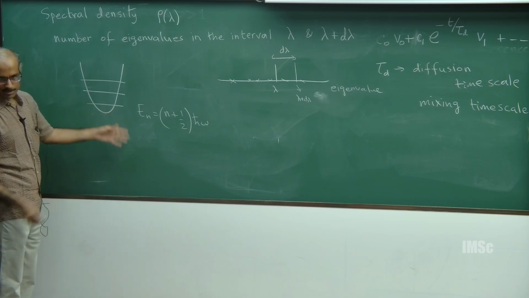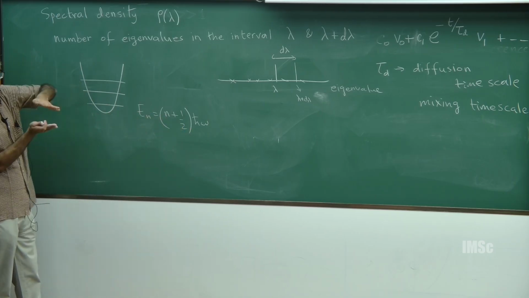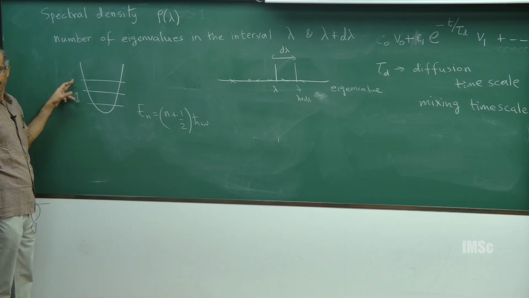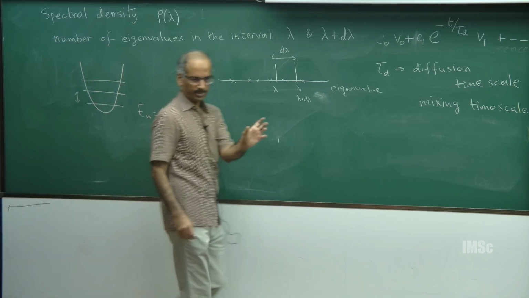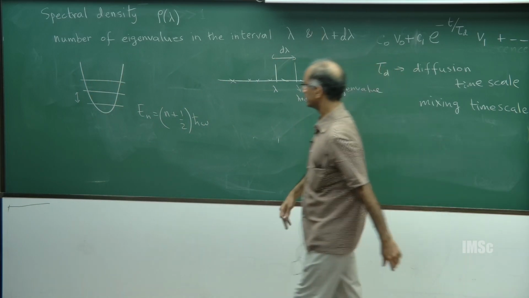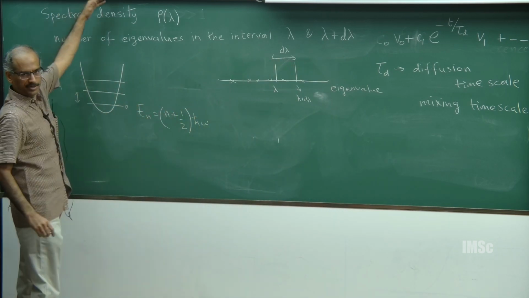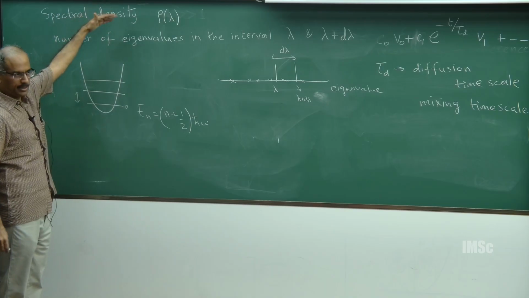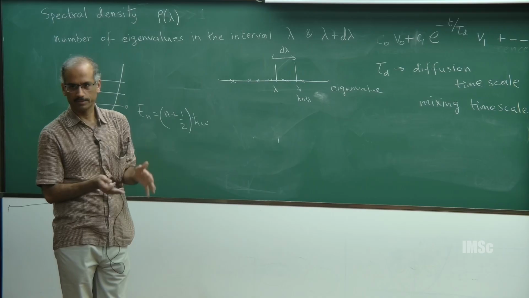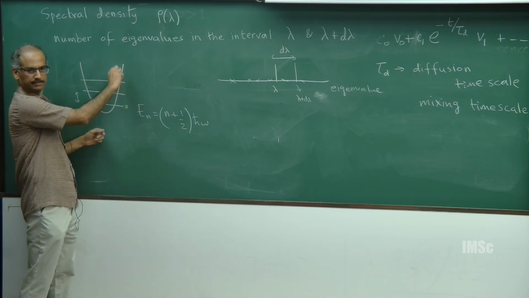What is important for us is not this formula, but that these values are located equidistant from one another. If you ask how many eigenvalues there are in a given interval, it will be the same everywhere, because n goes from 0 to infinity. It does not matter how high in the spectrum you go, you will have exactly the same number of eigenvalues, because it is equidistant.